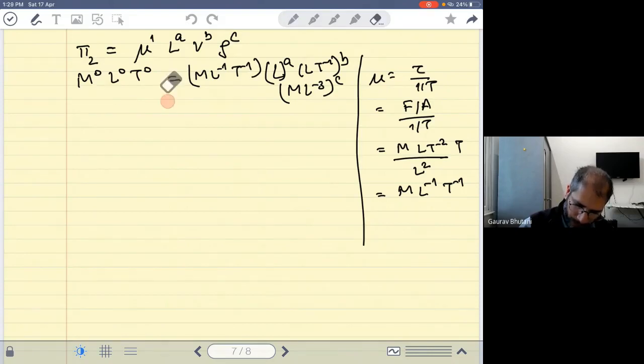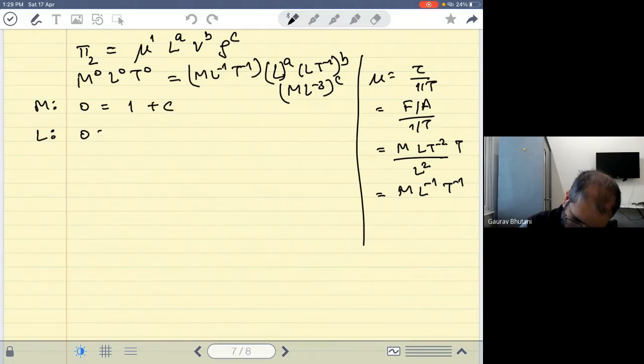So when you solve this, let me write the equations just for this case. For m, it is 0 equals 1 plus c. For L, it is 0 equals minus 1 plus A plus B minus 3C.